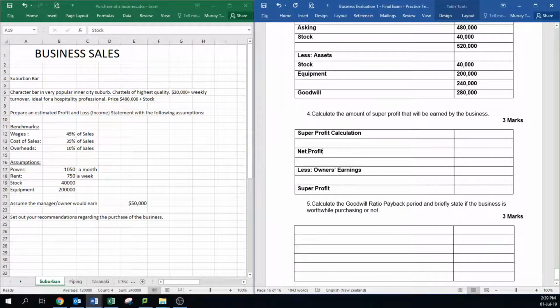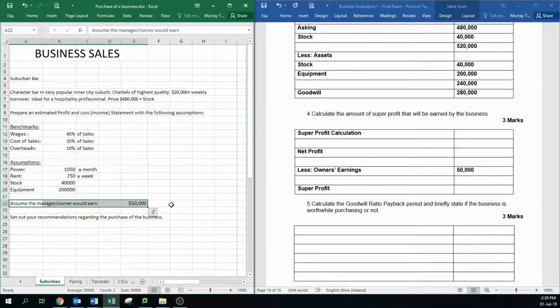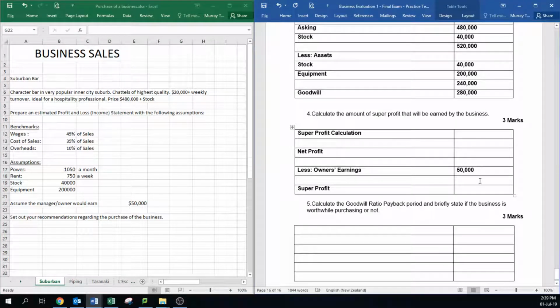We take our net profit minus owner's earnings equals super profit. So owner's earnings is what they would normally earn. So we're told down here they would normally earn 50,000. Okay, so they'll normally earn 50,000 if they had a risk-free job somewhere, just working at a company. But because they're doing this business, they're going to be earning more.